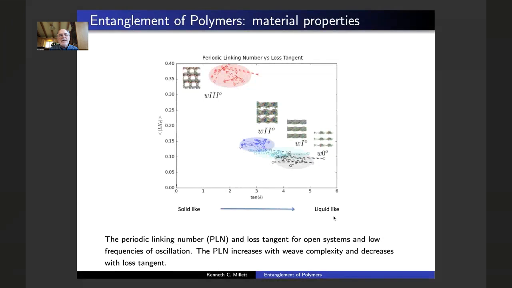So the very highest linking is at the upper left, and as we get more and more liquid-like, then you see lower and lower linking. And so we now have, because of this paper with Paul Etzberger, Eleni now has the quantitative ways of characterizing the behavior of a system under dynamics, under this shear kind of force.